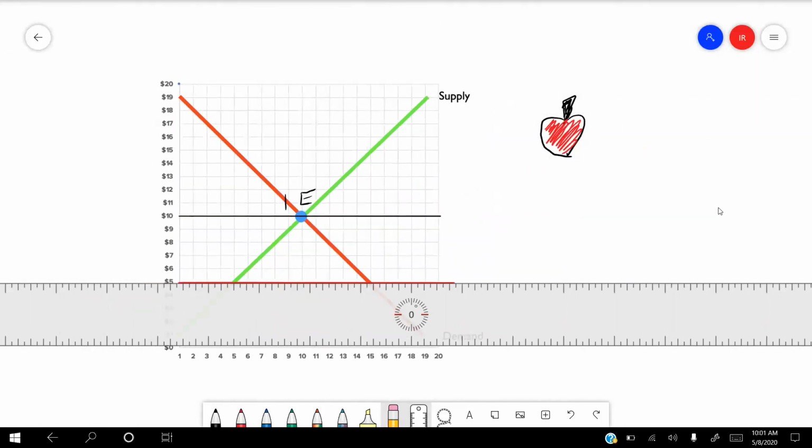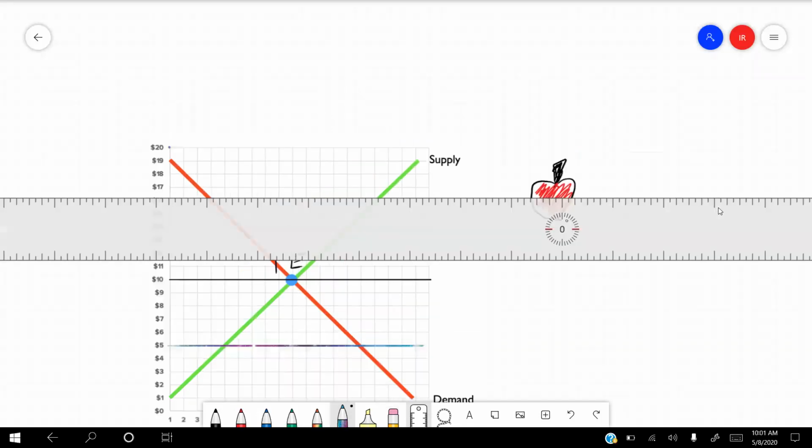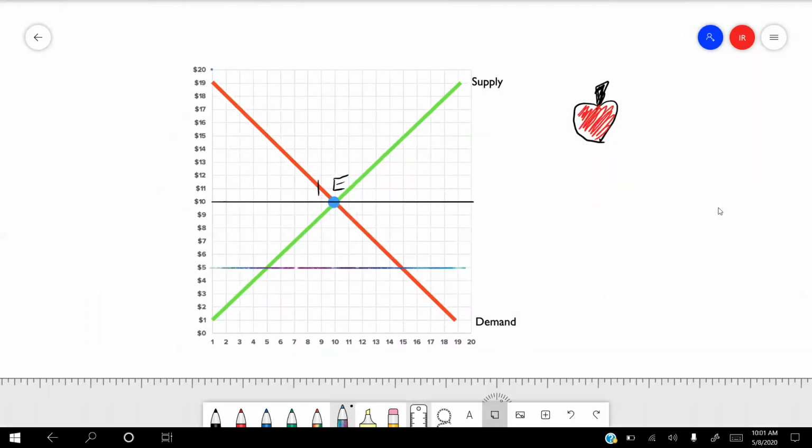At this price, the supply line represents how many producers or sellers are willing to sell their apples in the market.